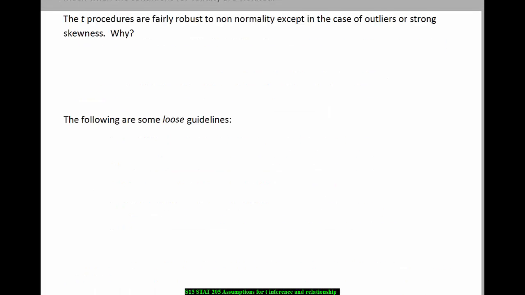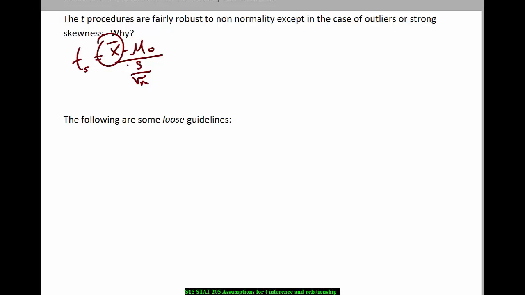So now we're going to talk about the t procedures. And when we say the t procedures, we mean those based on the t distribution. Those are fairly robust to non-normality except in the case of outliers or strong skewness. Why is that? Well, think about your test statistic. Your test statistic is the sample mean minus the null hypothesized belief of what the true mean is, divided by the standard error, s over the square root of n.